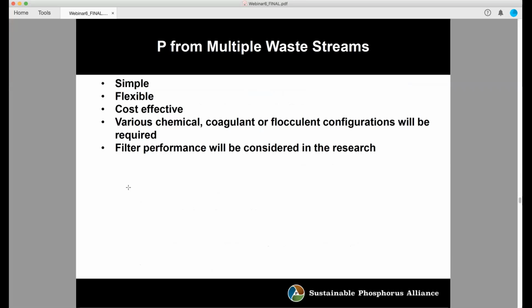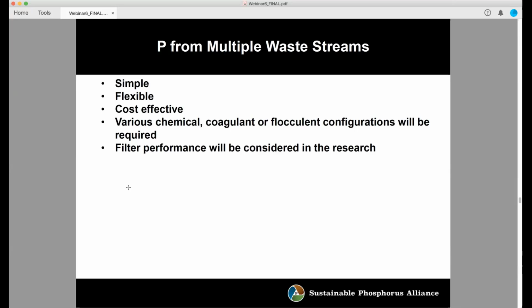Yes, our technology will be able to treat multiple waste streams. It is a very simple system, flexible and also cost-effective. If needed, we can easily incorporate coagulant and flocculant units, and we can couple these systems to the existing system, and then evaluate how much phosphorus we can recover.